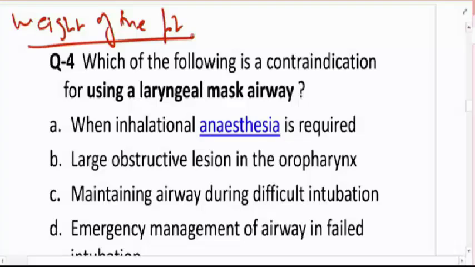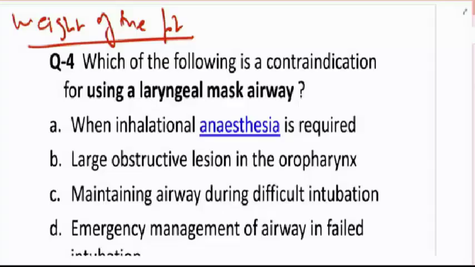So, what is a contraindication out of these? When inhalation anesthesia is required, this is not a contraindication. LMAs are used along with inhalation anesthesia. Large obstructive lesion in the oropharynx is a contraindication to LMA, right? Any oral pathology will be a contraindication for LMA.